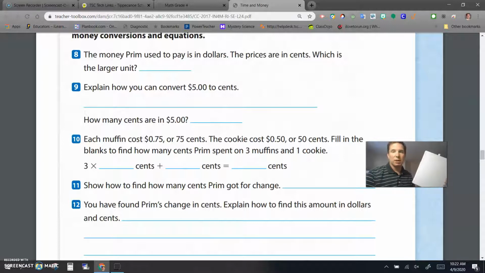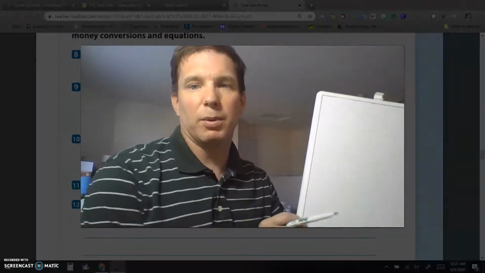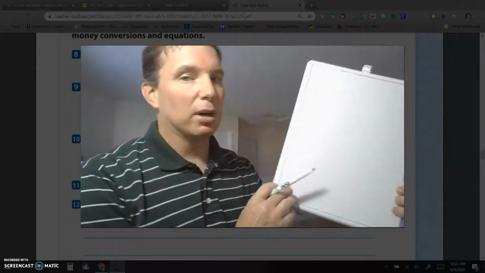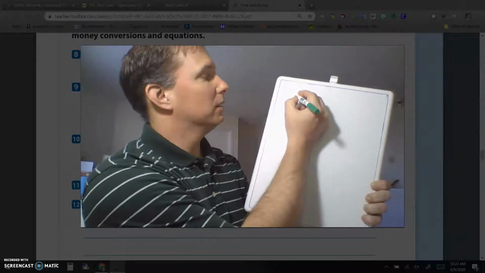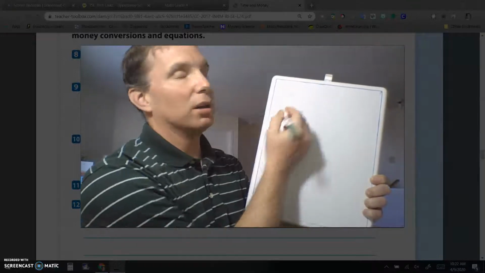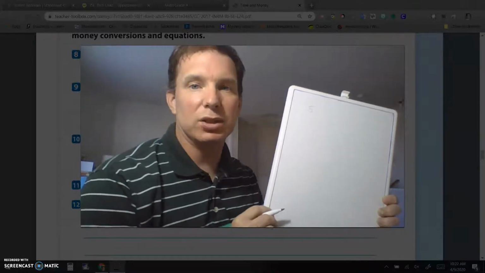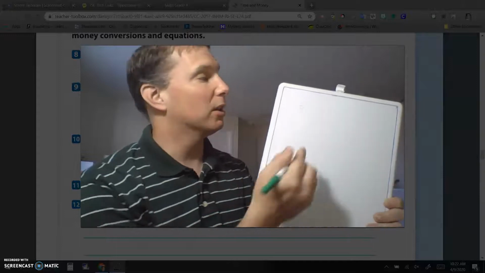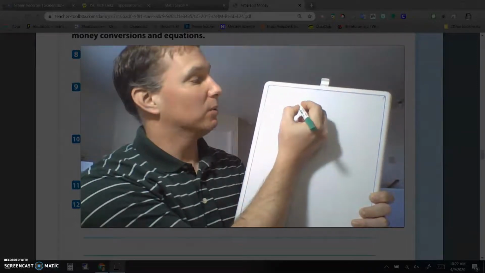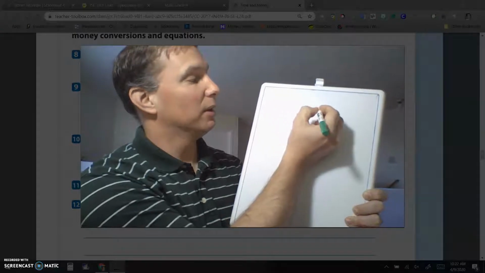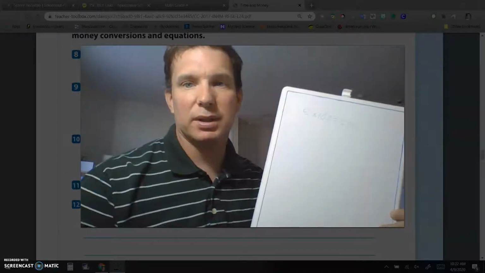There we go. When we are converting, we know that there's 100 cents in each dollar, so we have to do 5 times 100, and 5 times 100 equals 500 cents.